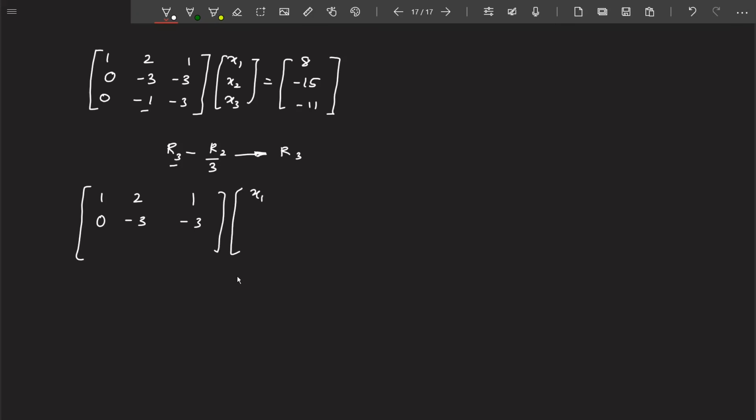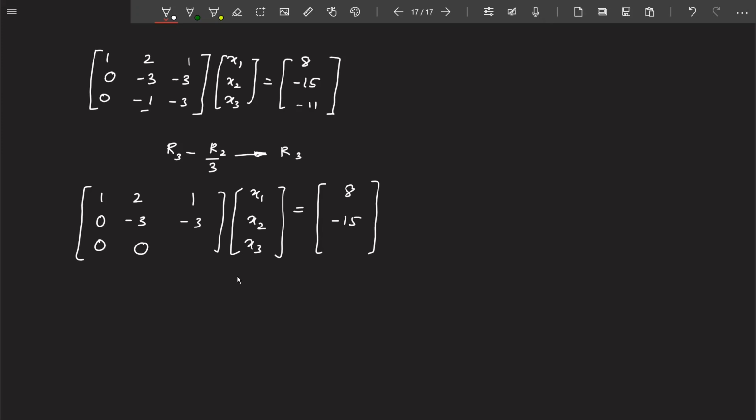So again, let us write this down as this. This is not going to change. Okay, sorry, this will change. So this is 0. We have made this element 0.